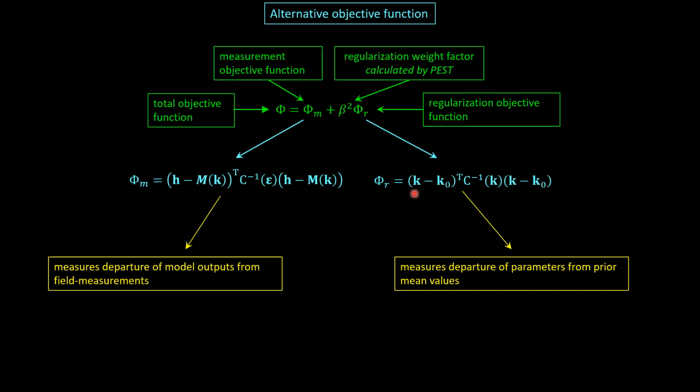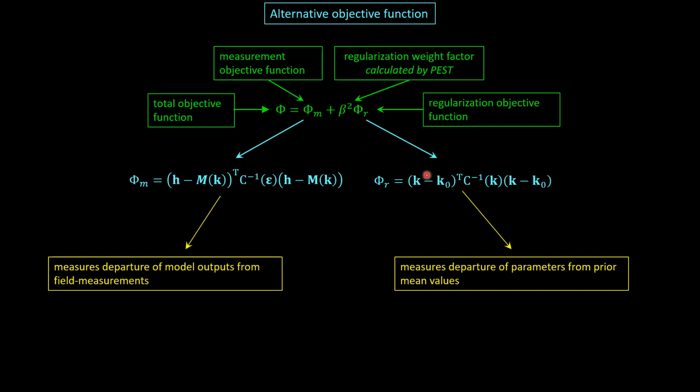So the higher the regularization objective function, the greater the amount that parameters need to depart from their prior mean values in order to give us a good fit, that is, to lower the measurement objective function. So there's a trade-off going on here between the measurement objective function and the regularization objective function.